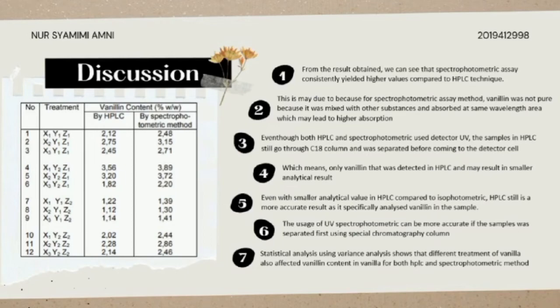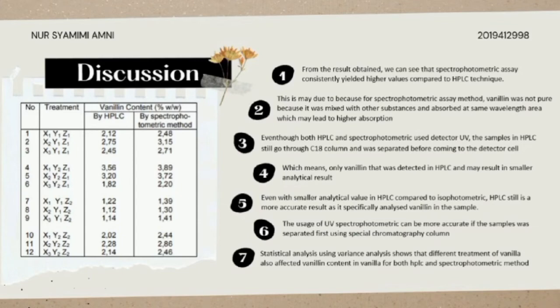HPLC technique. This is because for the spectrophotometric assay method, vanillin was not pure because it was mixed with other substances, and they absorbed at the same wavelength, which may lead to higher absorption. Even though both HPLC and spectrophotometric use a UV detector, the samples in HPLC still go through the C18 column and were separated before coming to the detector cell, which means only vanillin was detected in HPLC and may result in a smaller analytical result.